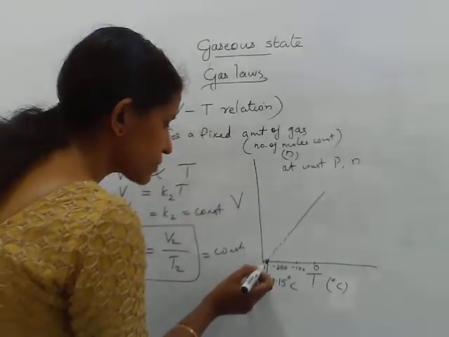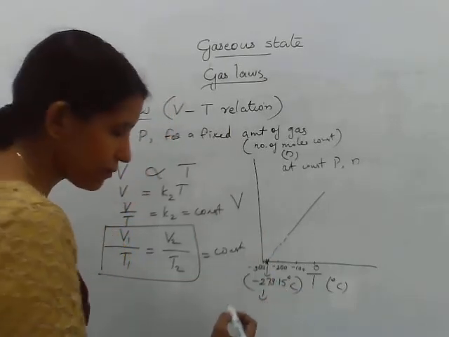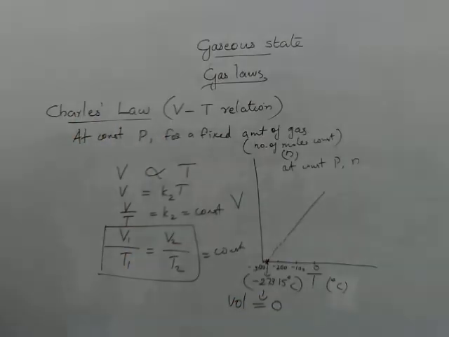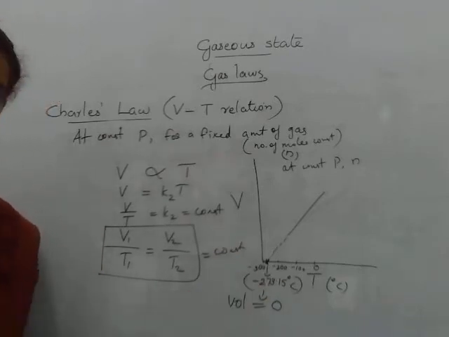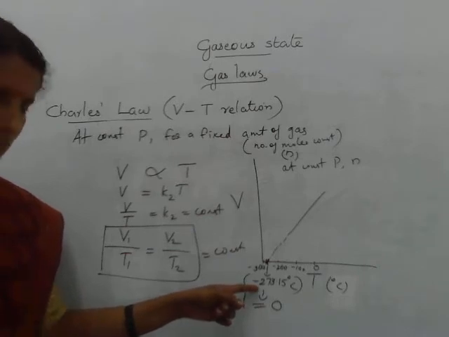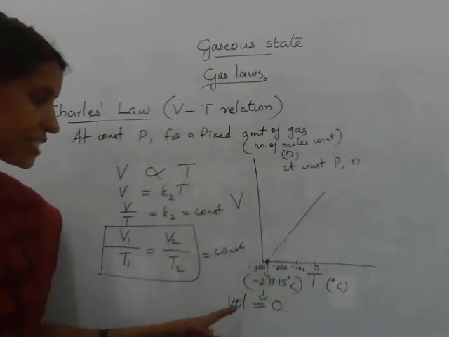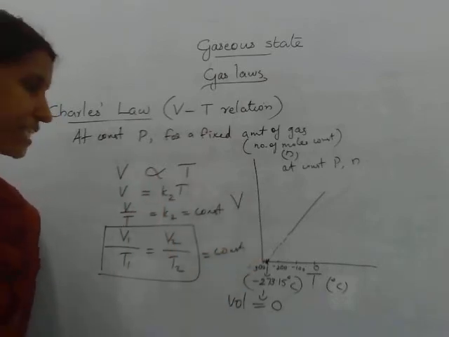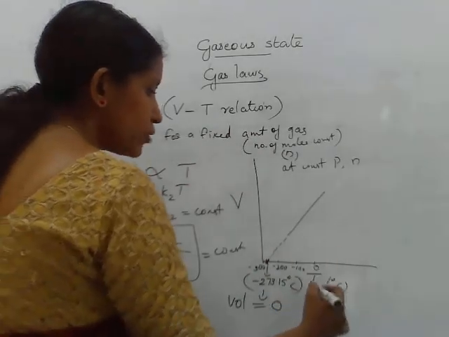Volume of the gas corresponds to 0. At this temperature, volume of the gas becomes 0. That means gas will not exist at this temperature. So this is a hypothetical temperature, the lowest hypothetical or imaginary temperature at which gases do not exist, and it is called absolute zero.